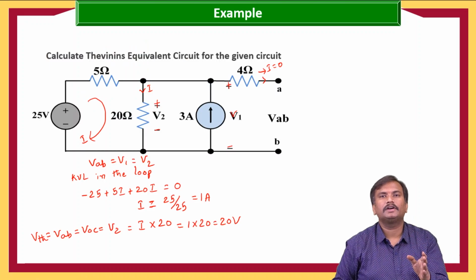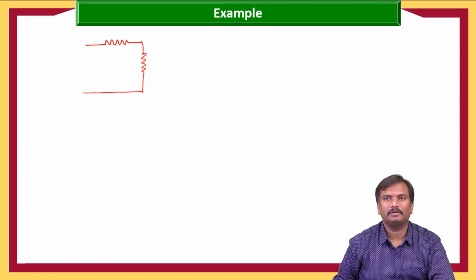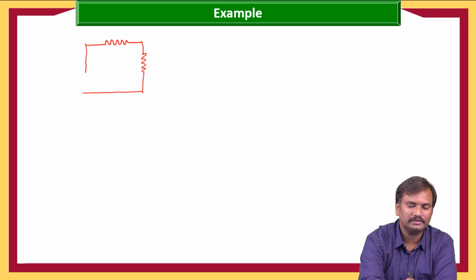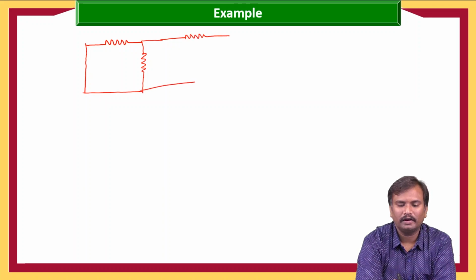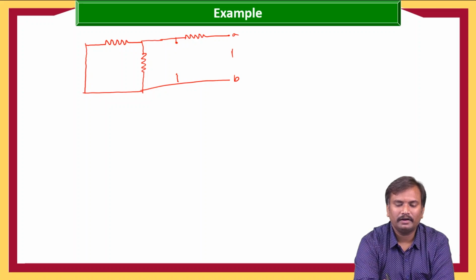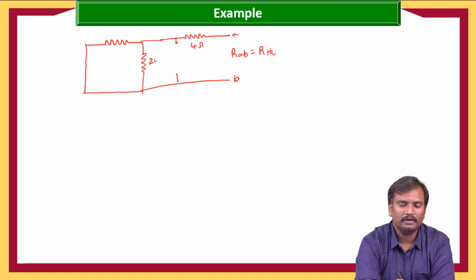That voltage source is replaced with the short circuit. Then we have a current source, and this current source is open circuited, and we need to calculate the equivalent resistance between the AB terminals, that is RTH, with 4 ohms, 20 ohms, 5 ohms.